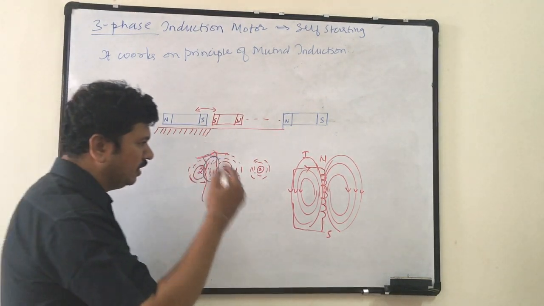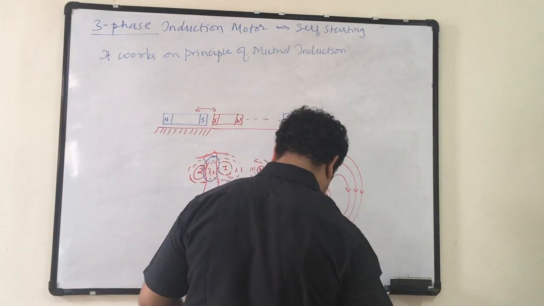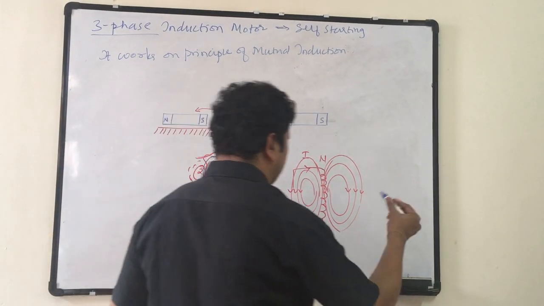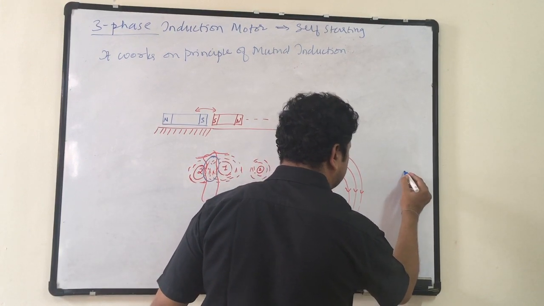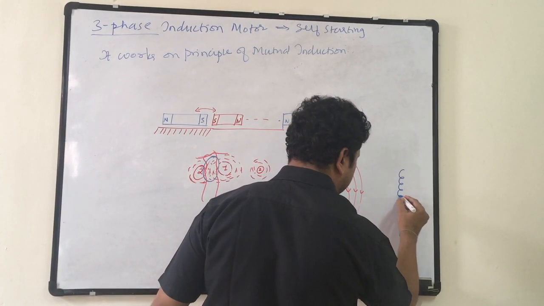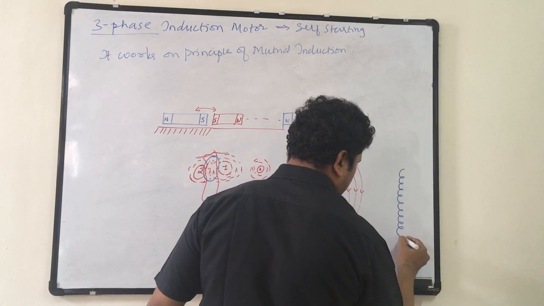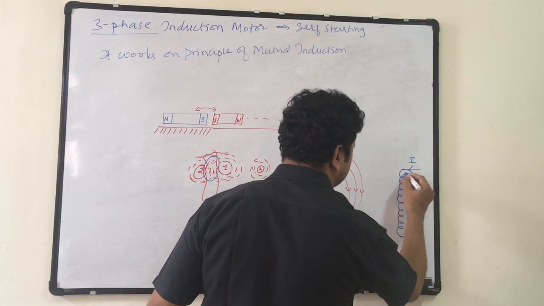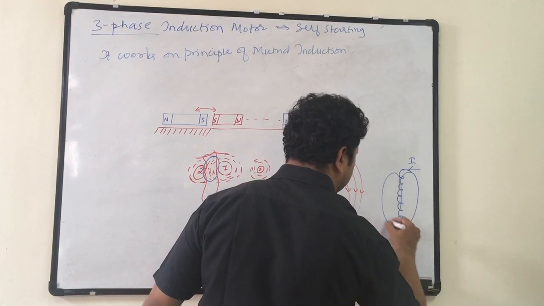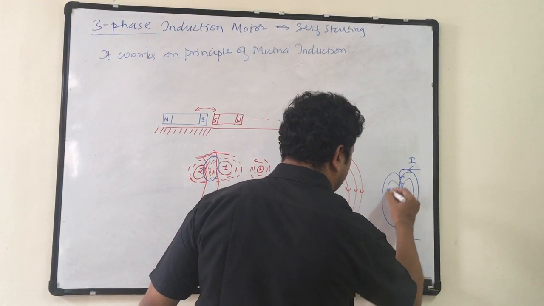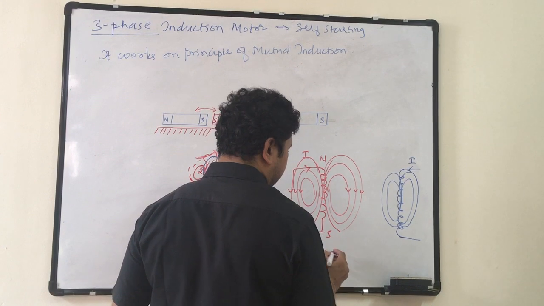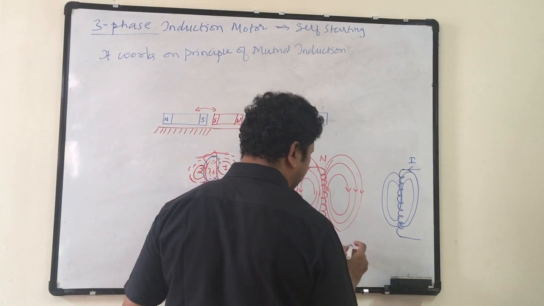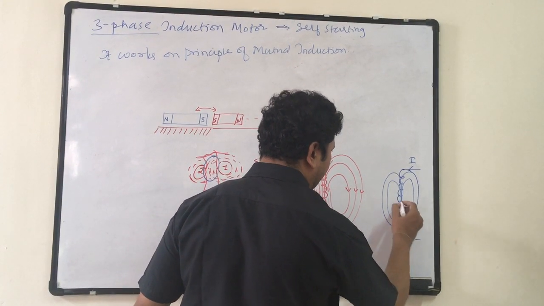Now you take one more coil here. Now pass some current through this also. It will create its own flux. Let this be flux 1, phi 1, and let this be flux 2, phi 2.